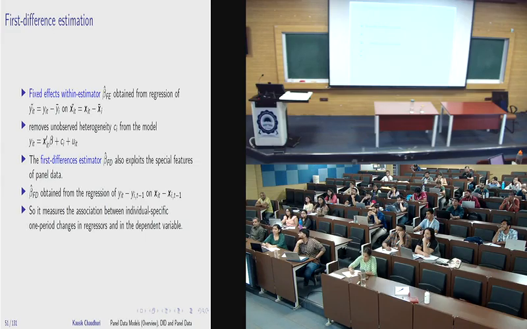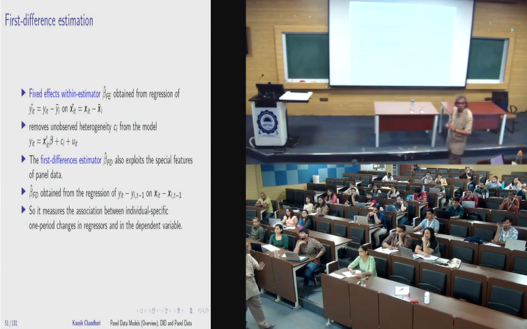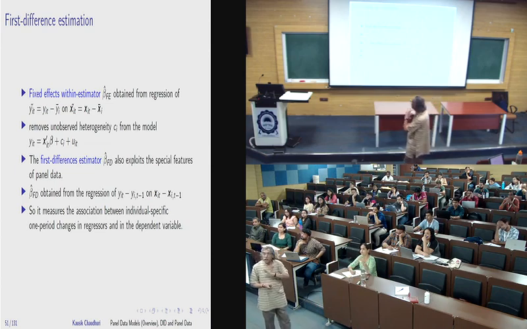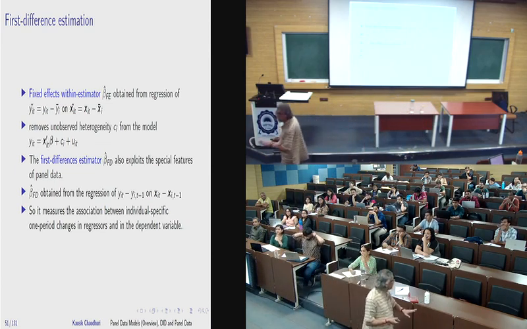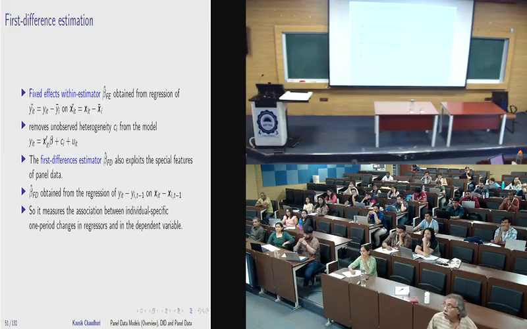Remember, when I do the fixed effect model, I run a regression of yi tilde on xi tilde, where yi tilde is yit minus yi bar and xit tilde is xit minus xi bar. I then get rid of unobserved heterogeneity by doing this within transformation.